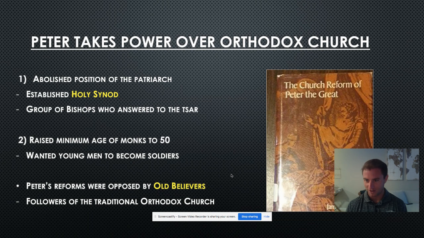The last patriarch is going to die. And when the patriarch dies, this is the leader of the Orthodox Church. And so now that the patriarch has died, it is now the obligation of Peter to establish a new patriarch. He doesn't do this. He doesn't establish a new patriarch.